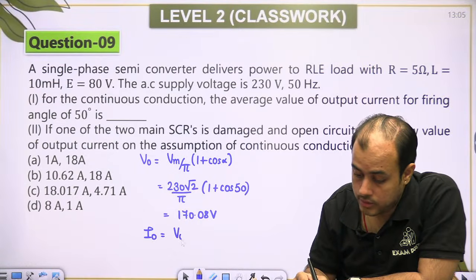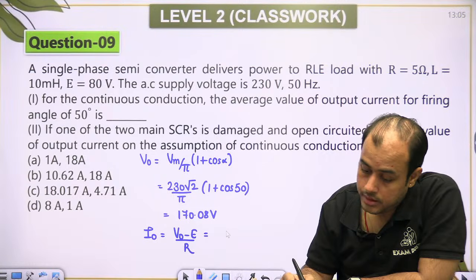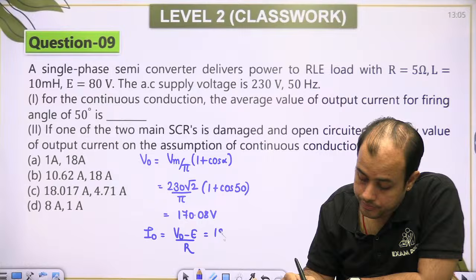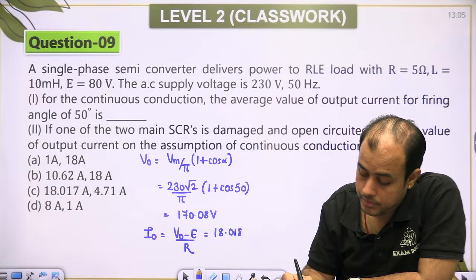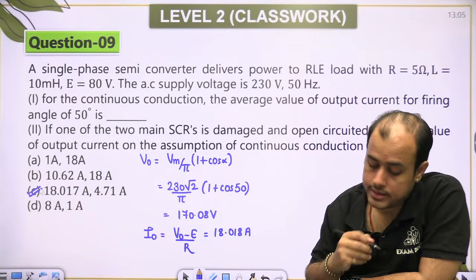Now I naught is V naught minus E by R, 90/5. Okay. So from here I can say answer is C.